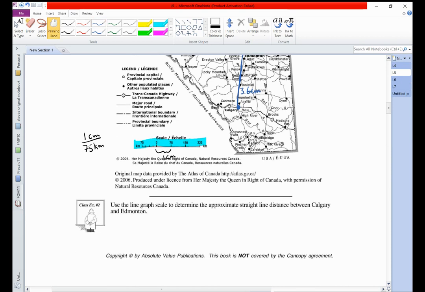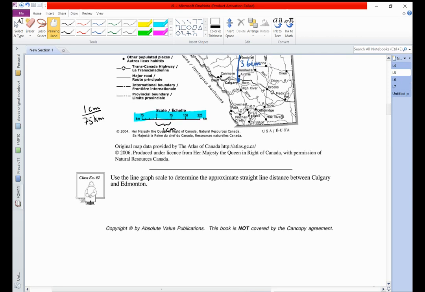So you can use either method that you would like to solve this, because we know that 3.6 is our new, or our scale, and our scale factor is 1 centimeter to 75. So what you could do is scale factor is equal to new over original.